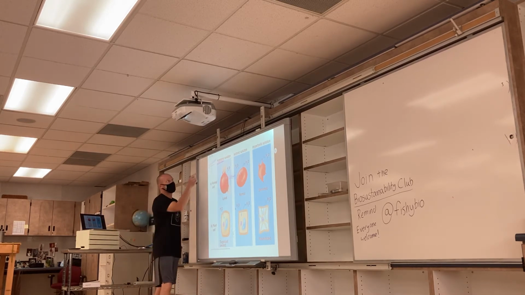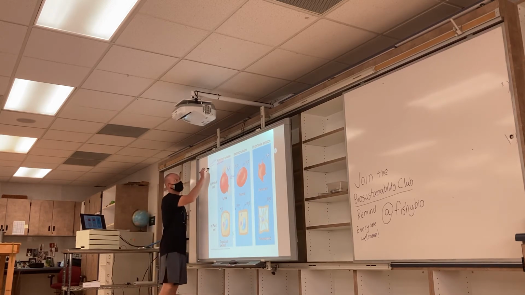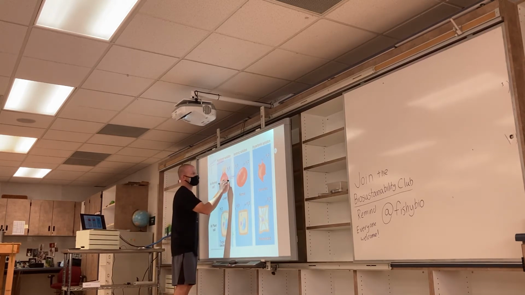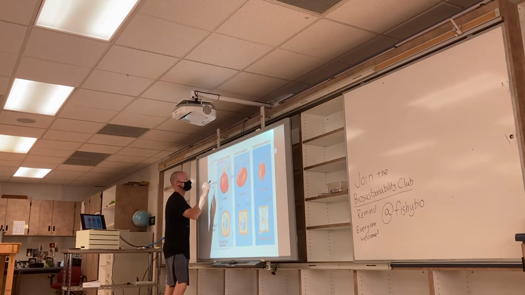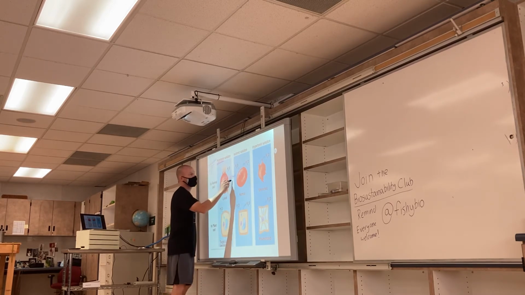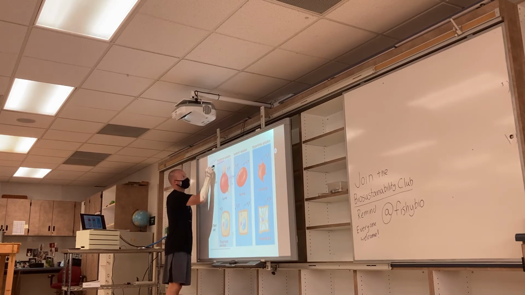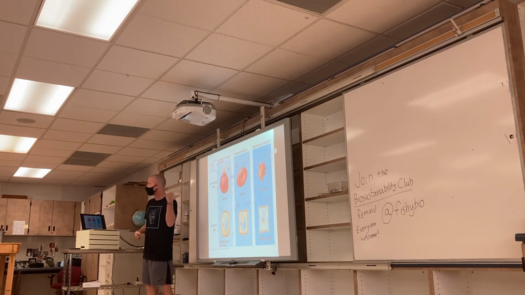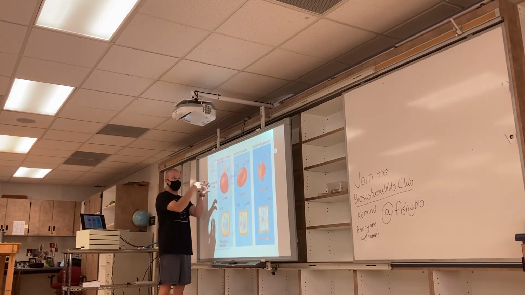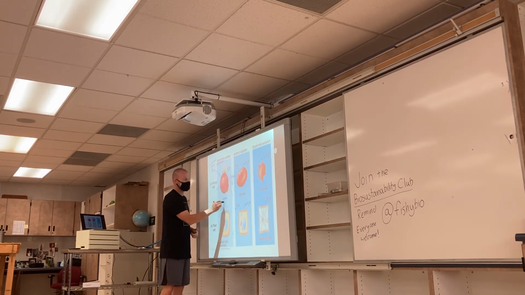Hypo means what? High or low? Low, meaning that this is going to be low, which means this must be high. We know that water is always an inverse relationship, high, low, and so as a result, we know the water is going to move into the cell, right? And so what can happen, like the example that I gave you, if you place an animal cell into distilled water, the water will keep running in until the cell literally lyses and pops.